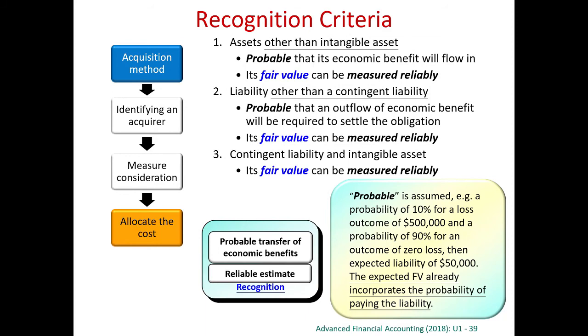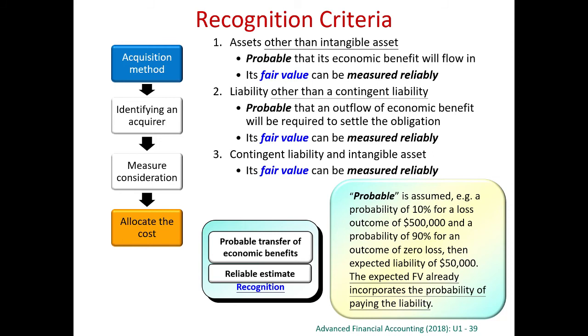If this is an asset other than an intangible asset, we will measure it at the fair value at the day of acquisition. We'll recognize it if it is probable and if the fair value can be measured reliably. For liability other than the contingent liability, again we pass using the usual recognition criteria, which is probable, and also the fair value can be measured reliably.